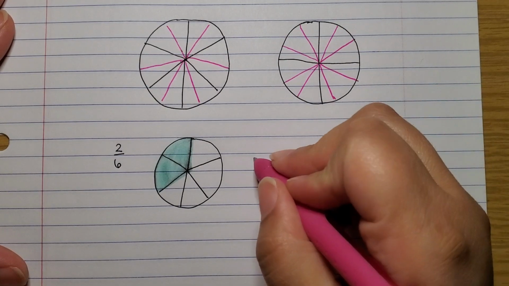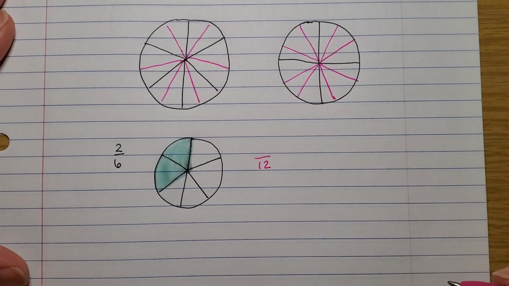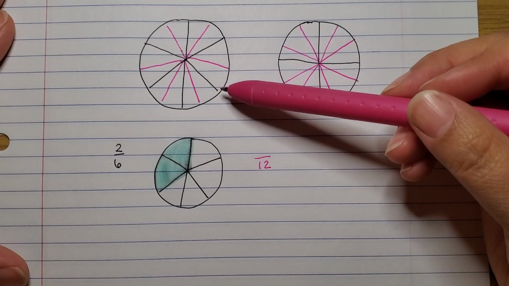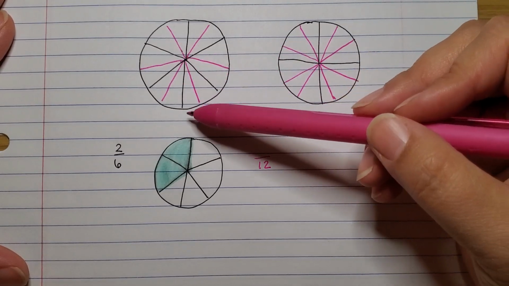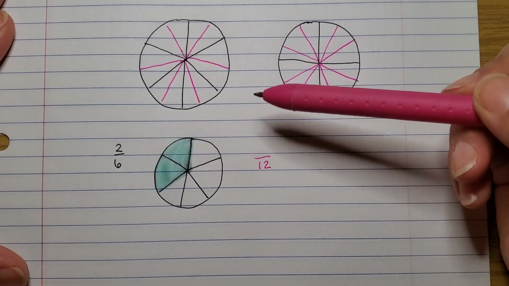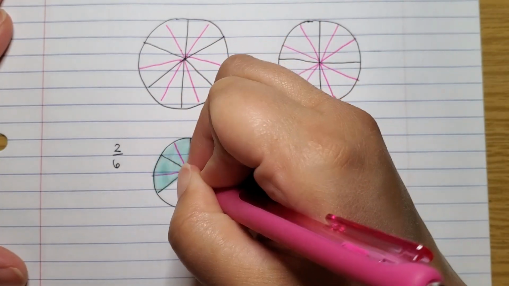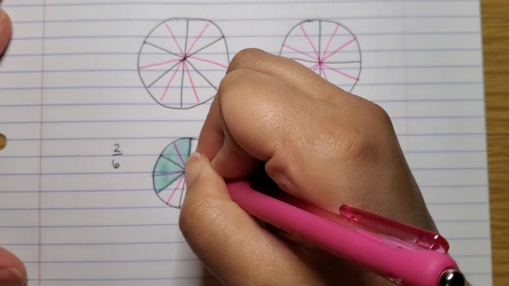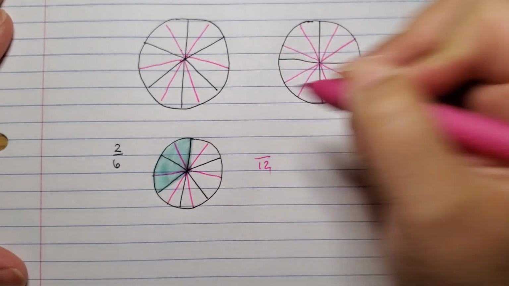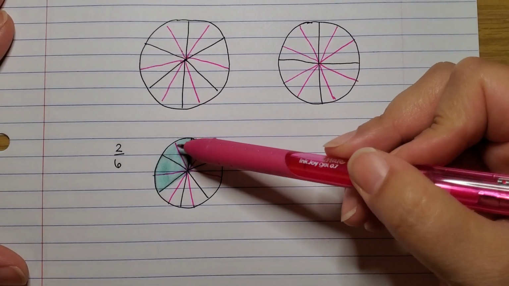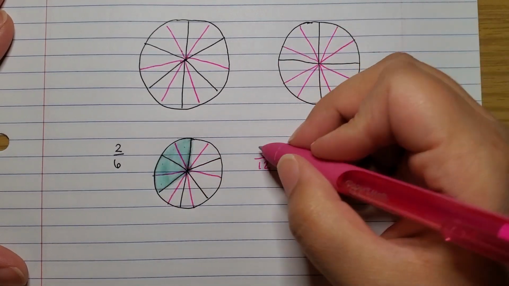Instead, I want to know, what if it had been cut into 12 slices? How many of those 12ths would I have eaten? Well, we can do the same kind of idea that we did here. We took each of those 6ths and divided them in 2 pieces to get 12 total. So if I cut each of these pieces up into 2 slices each, now I have 12 slices in my pizza, and I ate 1, 2, 3, 4 pieces of them.